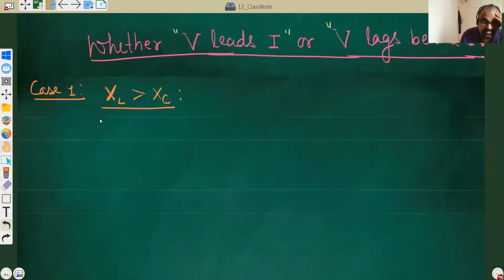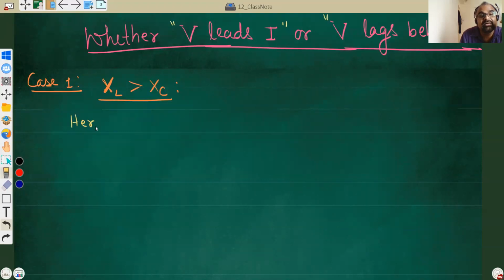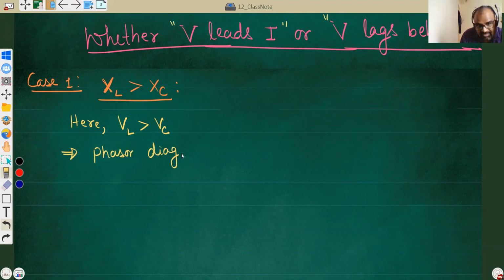Well, in this case, here VL will be greater than VC. So the phasor diagram will be as shown below.